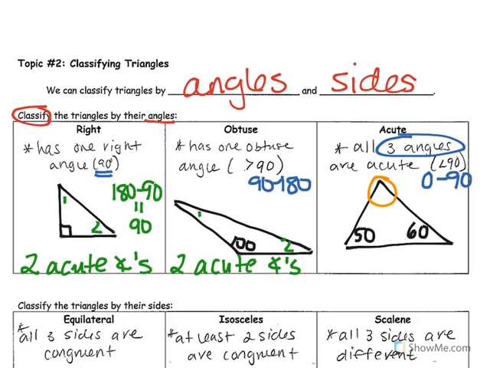I'm not sure if it's an acute triangle just quite yet because I need all three angles to be acute. So I'm going to add 50 plus 60, that's 110. I can do 180 minus 110 and get 70. And now I know that last angle is 70. All three angles are acute, so this is an acute triangle. Okay? So whenever you only have two angles, make sure you always find that third one to make sure that it's acute. All right?